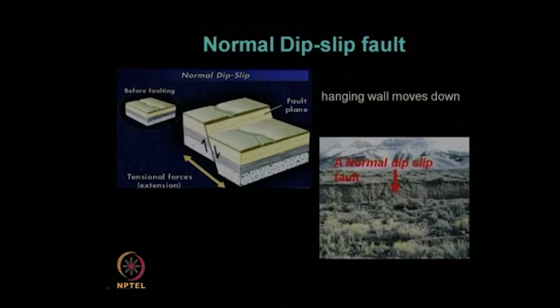So, that type of movement can occur during this normal dip slip fault, where one block is hanging over the other one through the development of the tensional forces between the two blocks.